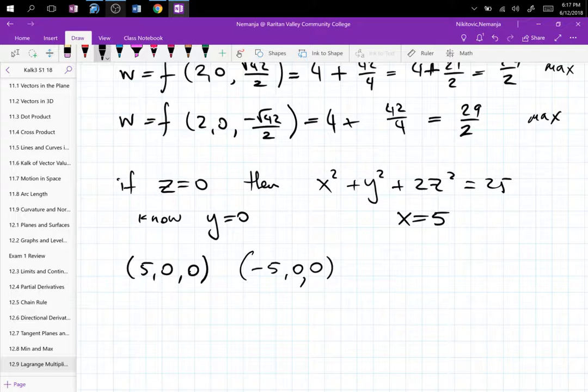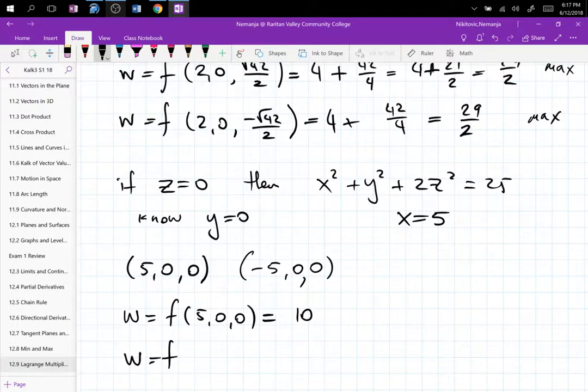In addition, w of 5, 0, 0 is 10, and w of negative 5, 0, 0 is negative 10.